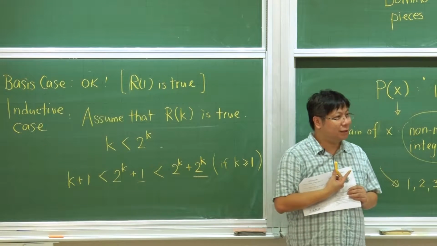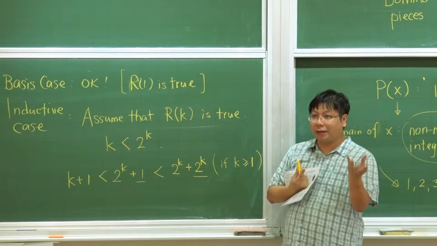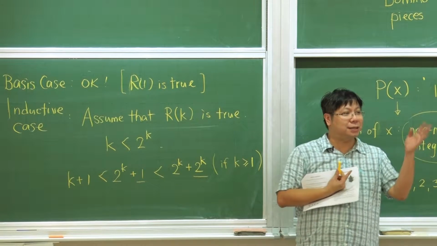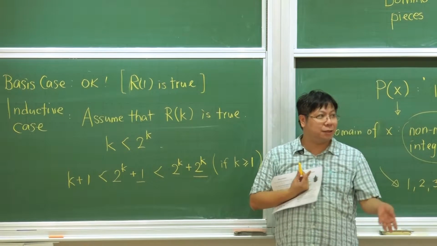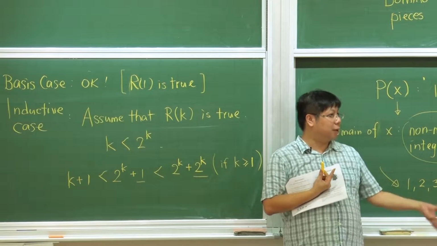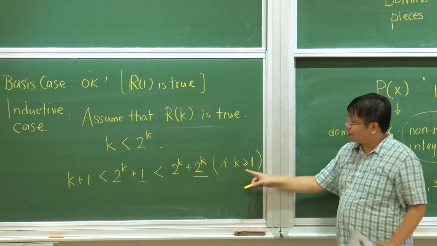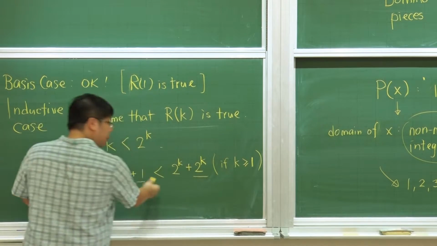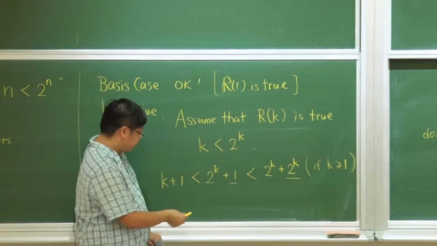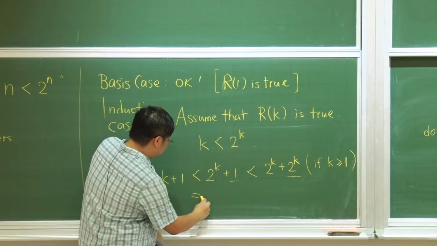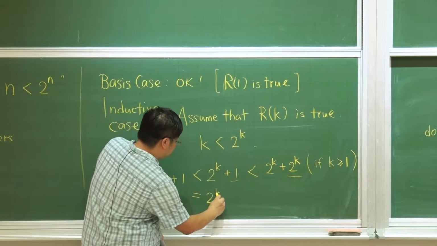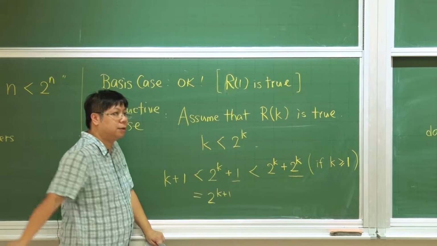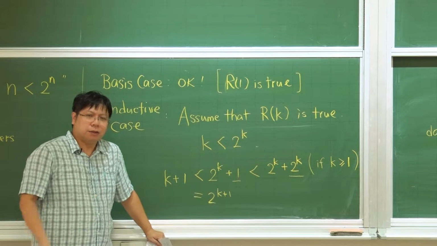It works, because it's 2 to the power something. 2 to the power 1 is at least 2, and 2 to the power 2 is greater than 2 to the power 1, and so on. So 2 to the power k must be greater than 1. So here this one is equal to 2 to the power k plus 1.